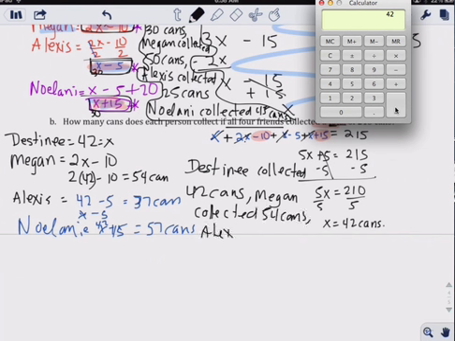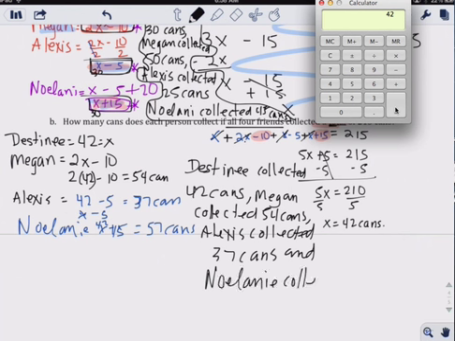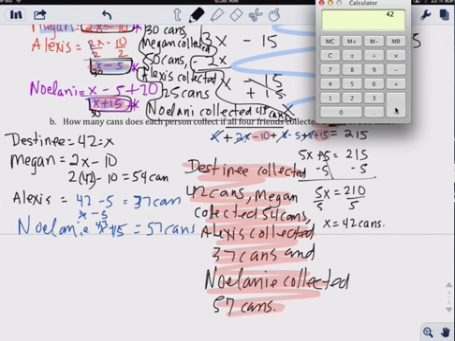Alexis collected 37 cans. And Nolani collected 57 cans. Okay? Right there. That's our answer. Period. We're done. Oh my gosh, the calculator's there.